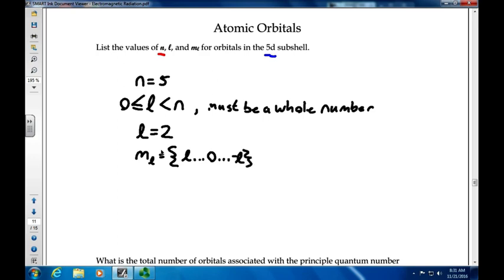So it can be any of those. We just need to work through each one, because we're asked to do multiple orbitals.